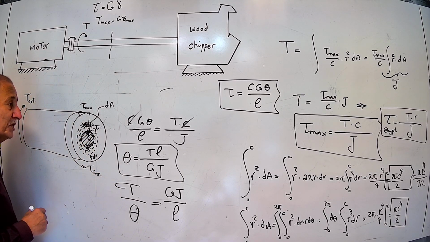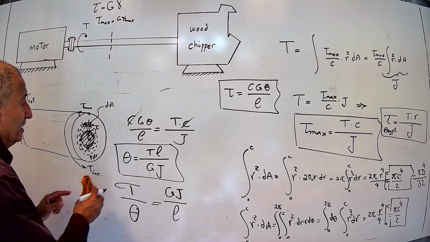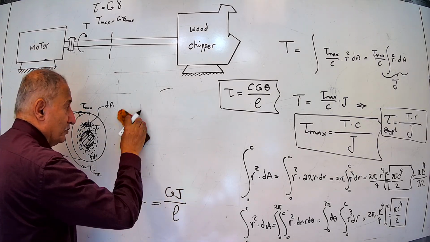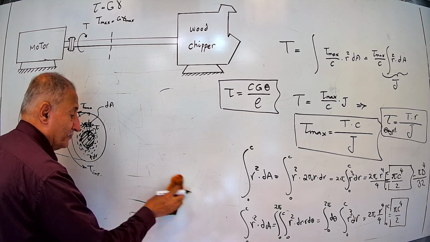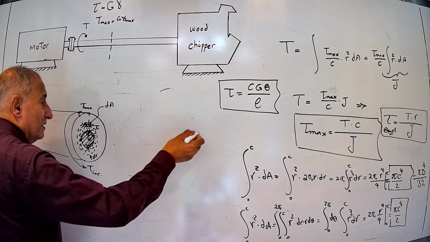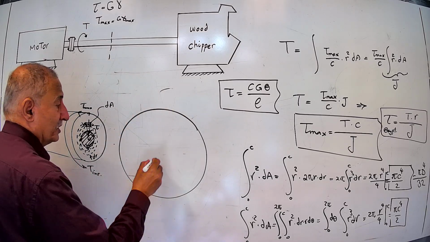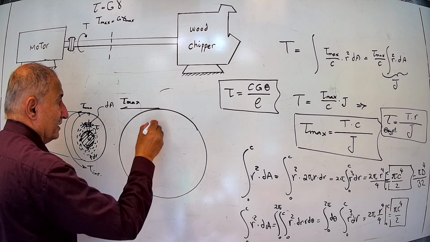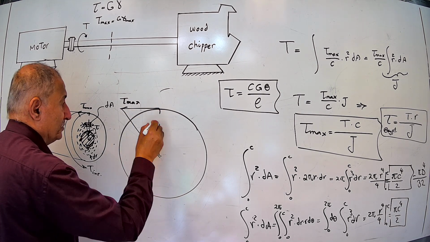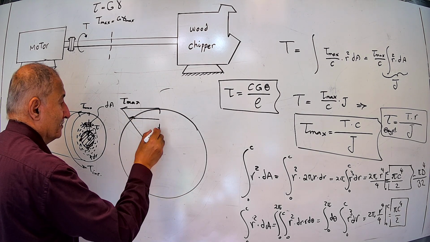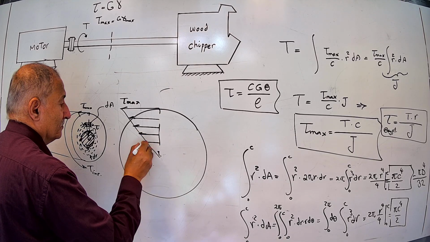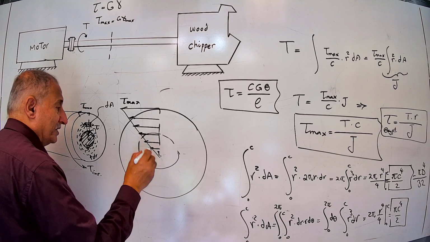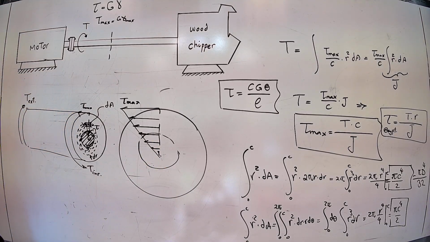doesn't help much? If I draw the shear distribution due to torque for a shaft cross section, you will see that the maximum shear stress, tau max, is at the outer surface, and at the center it is zero. There is no point in bringing material here and making the shaft heavy.